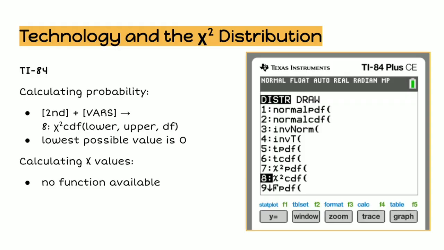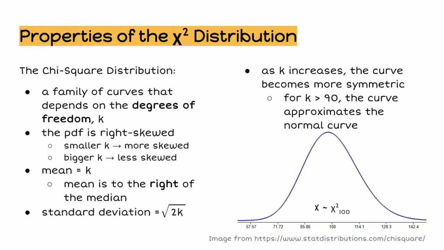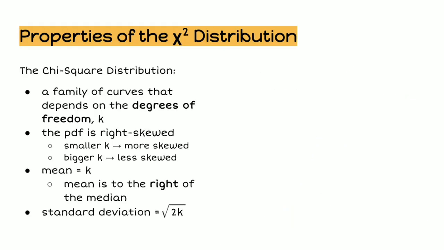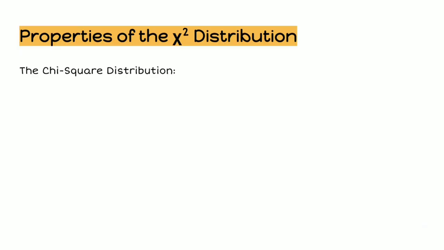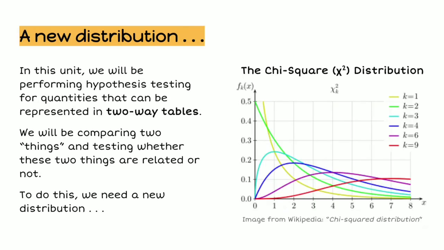A note, if we go back to a previous slide and we look at the original distribution, we can see that this graph starts at 0, even for k equal 1, which is our smallest degrees of freedom.